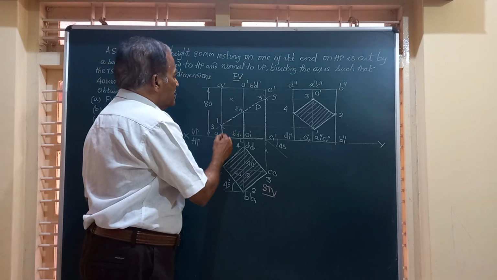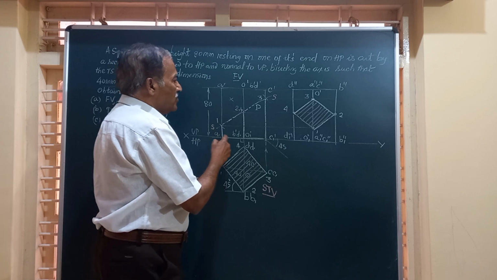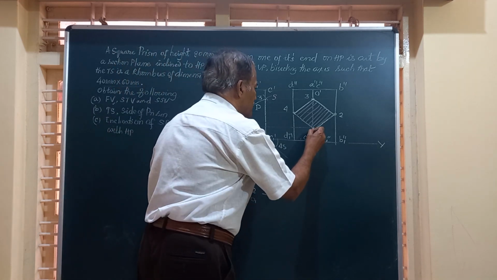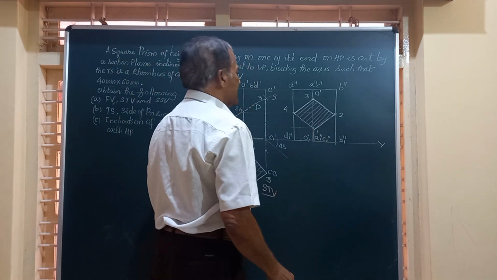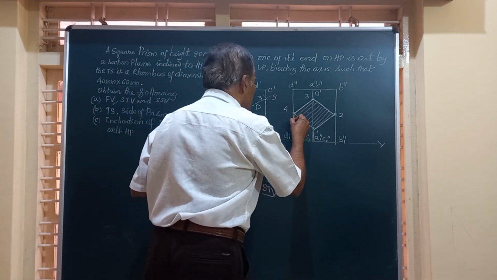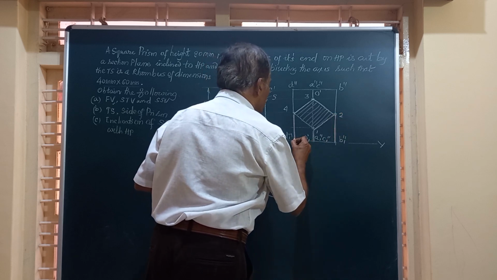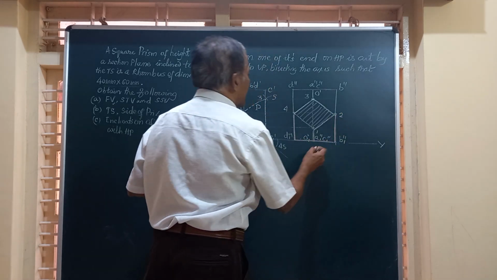Friends, you can see here on this edge AA1, 1 to A1 is retained. So I am going to show that by a dark visible line. Similarly, on BB1 and DD1, you have the portion retained. And the bottom portion of the solid is intact.